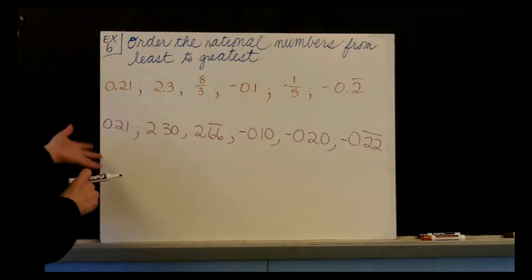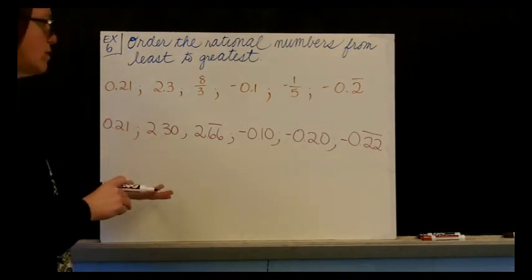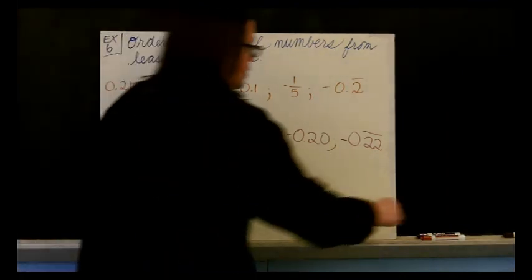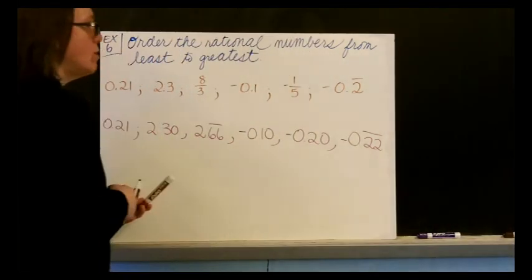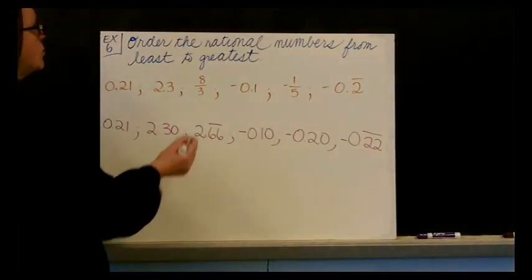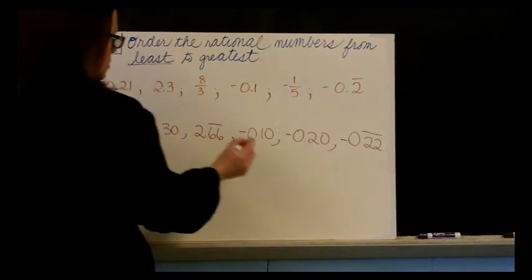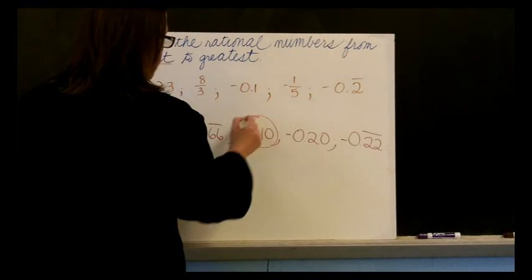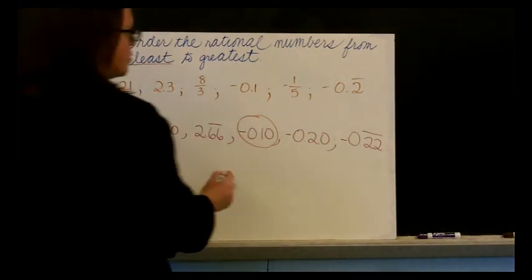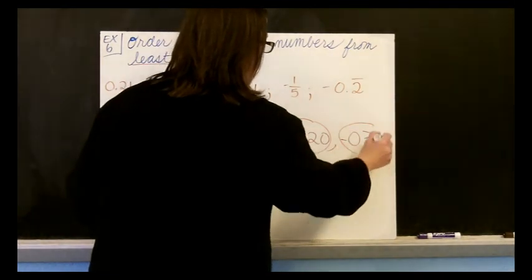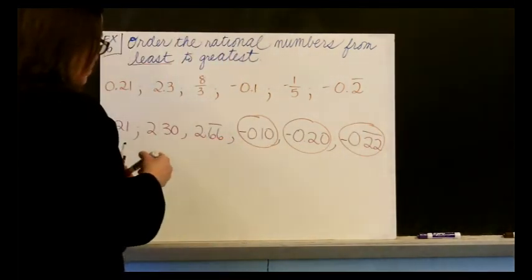Now I see that I have a combination of some positive numbers and some negative numbers, so I'm going to identify my negative numbers first, because we have to order these from least to greatest. So we have a negative 1/10, a negative 2/10, and a negative 0.22 repeated.